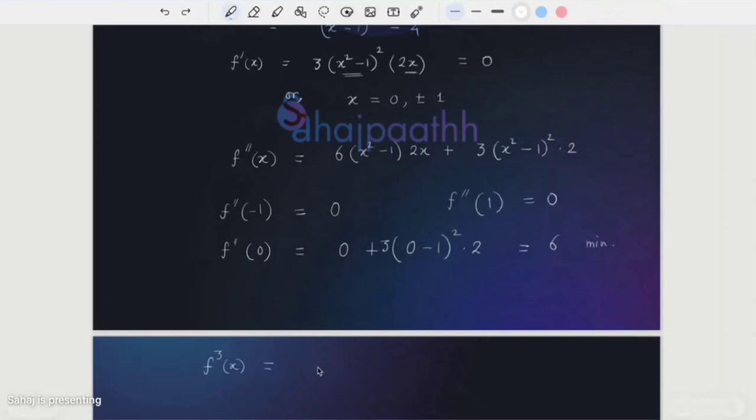Let's do the first function: 6 into (x squared minus 1) into 2x into 2x, plus 6 into (x squared minus 1) into 2, plus 6 into, again chain rule, (x squared minus 1) into 2x.